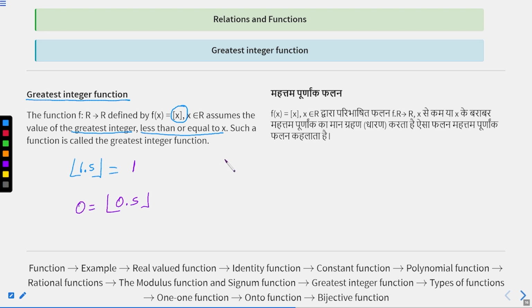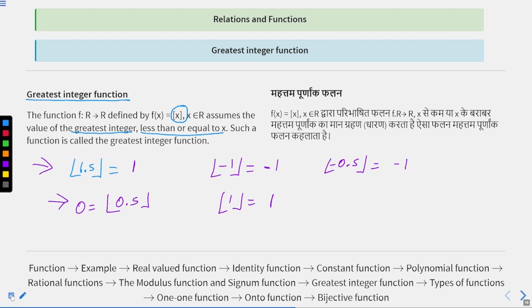If you take the example of -1, the integer less than or equal to -1 is itself, -1. If 1, you will get 1. If you get minus 0.5, then what will you get? The greatest integer less than or equal to -0.5 is -1. Okay, so this is the way that we define our greatest integer function.